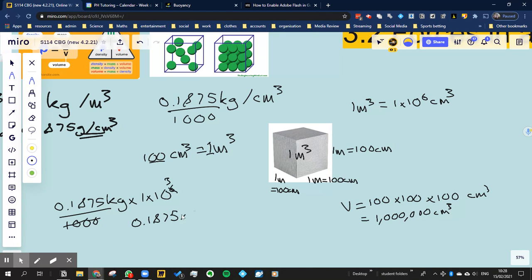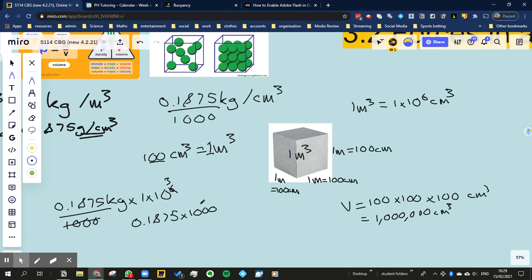So it's 0.1875 times by 1,000. What I did first of all is divide by 1,000 to turn the grams into kilograms. If there are that many grams, there'd be 1,000th as many kilograms. And then I timesed it by 1,000,000 to turn it into per meter cubed.